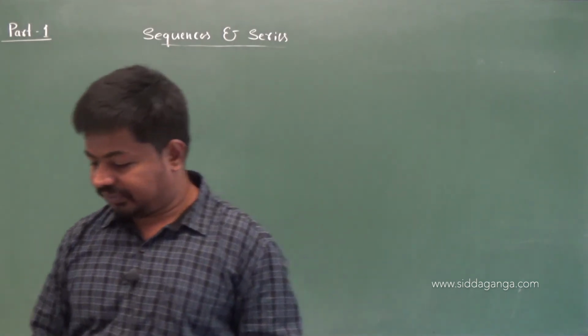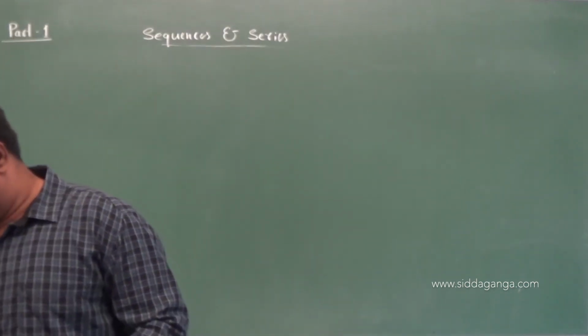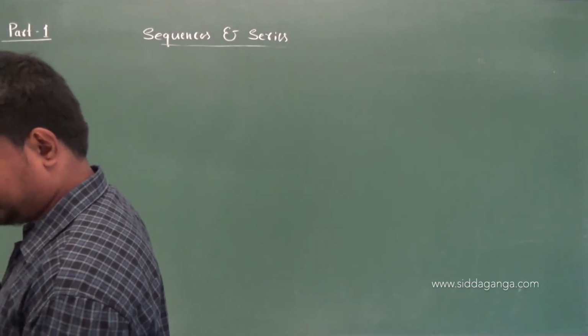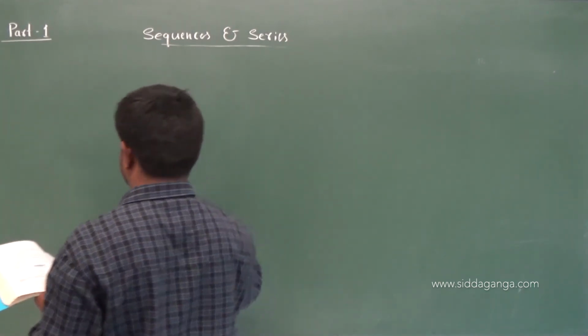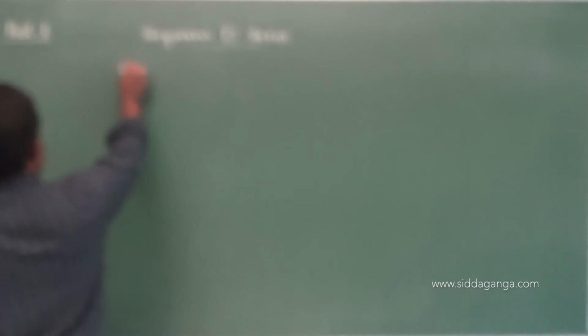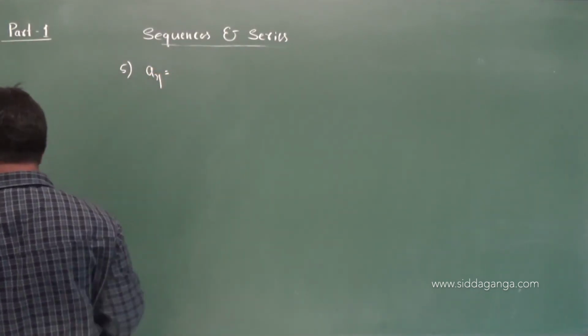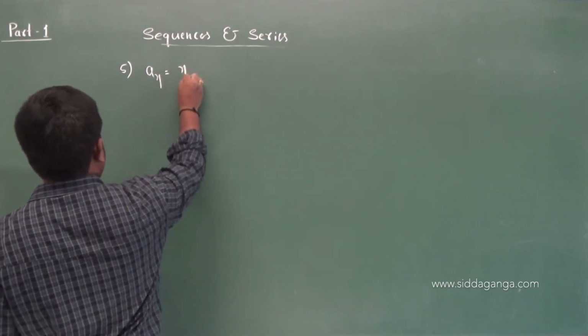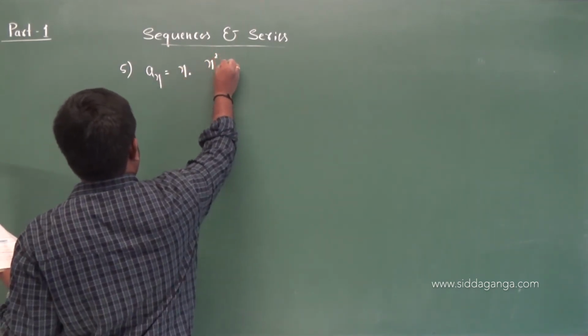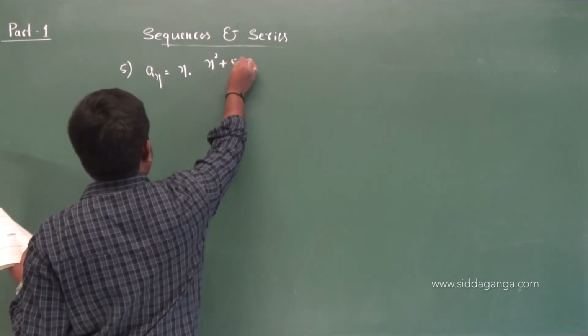Okay, let me move to the fifth question. The nth term of the sequence is n into n square plus 5 by 4.